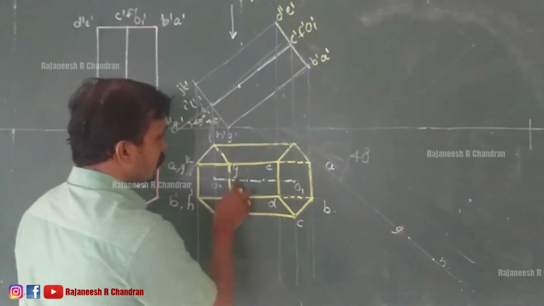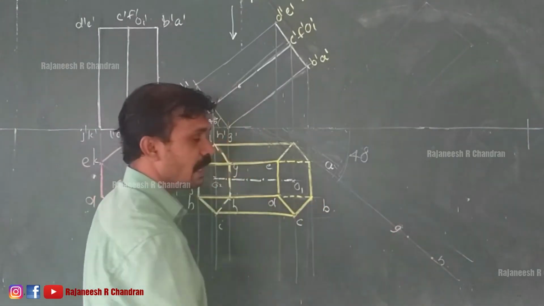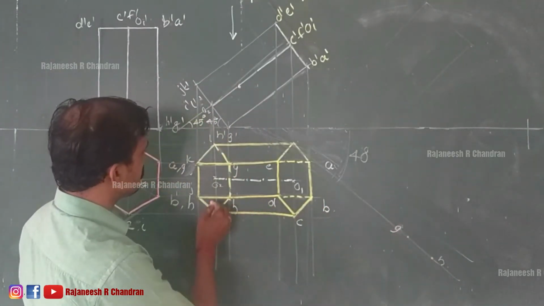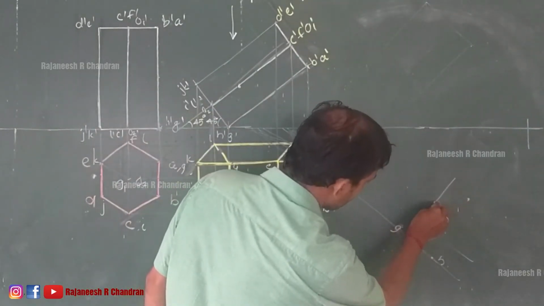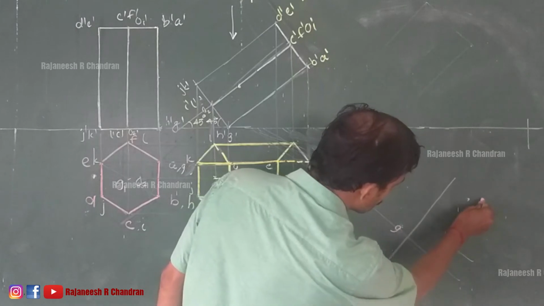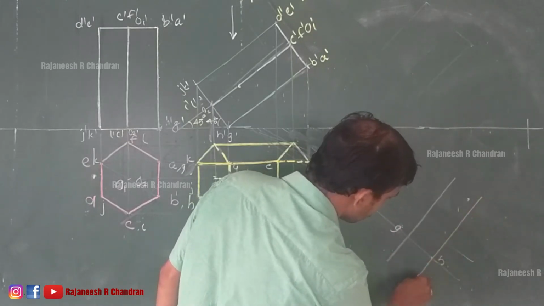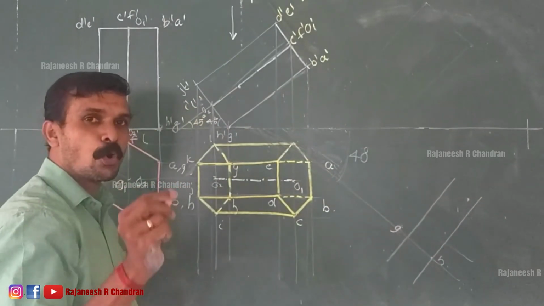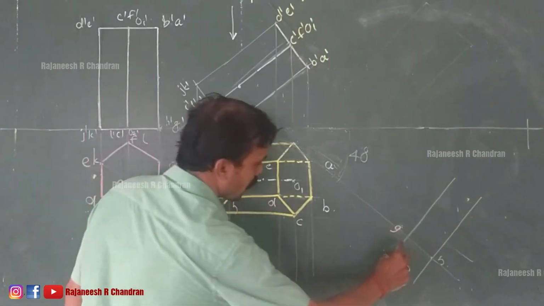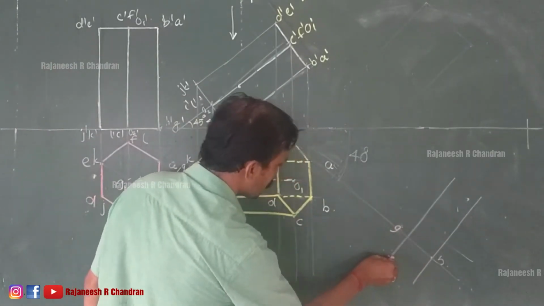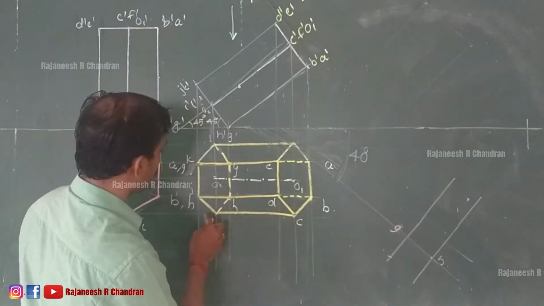See, this is G and this is H that we have marked. Now, through this G we can draw a perpendicular line. Through H also we can draw a perpendicular. Now on that line, you can measure this and mark here. So that is our K.